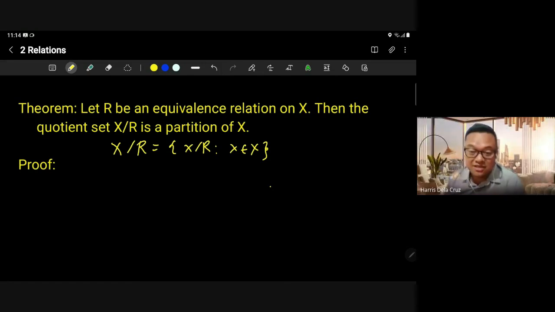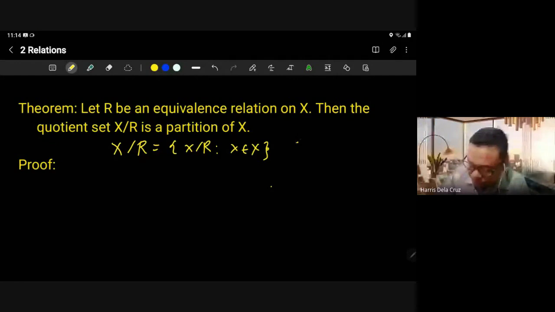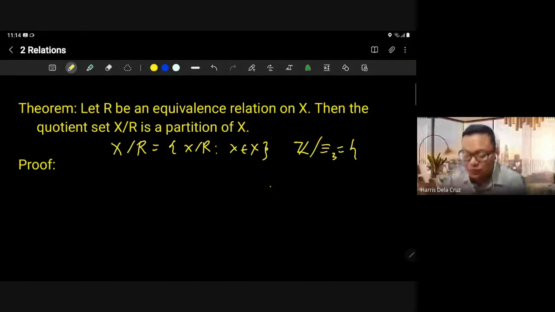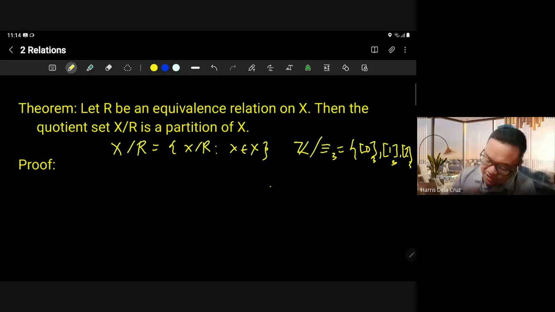Okay? So sa example natin kanina, yung Z over the relation mod 3, so tatlo yung equivalence classes natin, equivalence class ni 0, ni 1, tsaka ni 2. Lahat yan sub 3. Okay? So let's prove that in general.